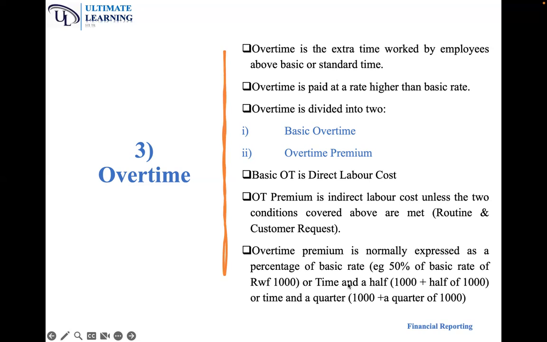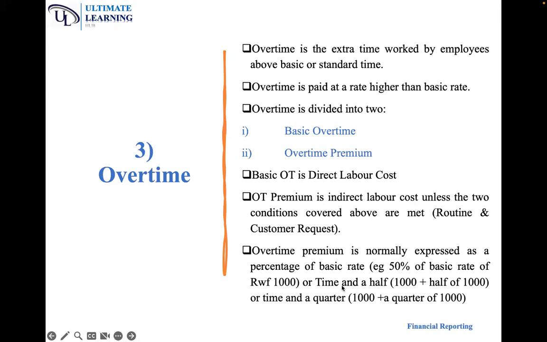Sometimes you are also told overtime is paid at a time and a half, a time and a quarter, a time and a third, etc. If overtime is paid at a time and a half, you take the basic rate plus a half of it.